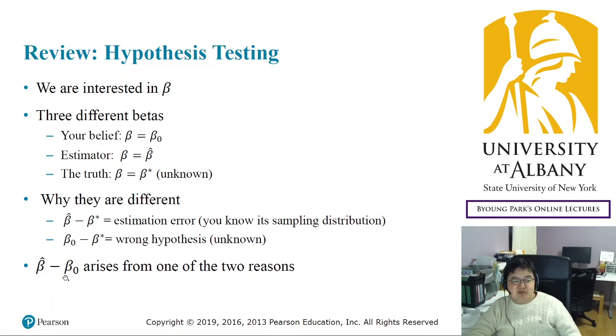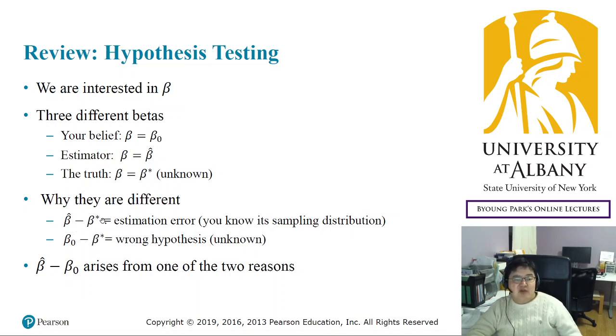And the difference between your estimator and your hypothesis may be caused by one of these two, right? The difference could be the estimation error. So your hypothesis may be correct, with no difference in the second difference, but there may be a difference caused by the estimation error.